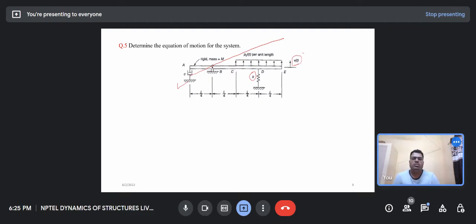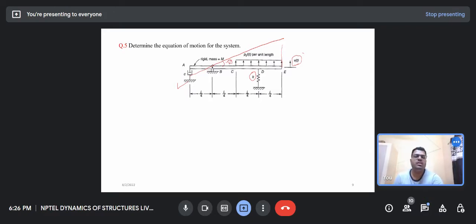First you can draw the deflected shape and the forces that are acting on it. If I provide this kind of Vt displacement, then the rotation would be theta.